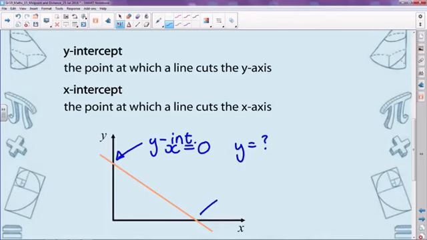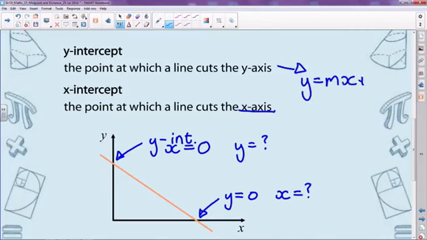Now the x-intercept is the point at which the line cuts the x-axis, and at that point y is equal to 0, but x, we're not sure what it's going to be. You also know that the y-intercept in the formula y = mx + c is going to be your c value.